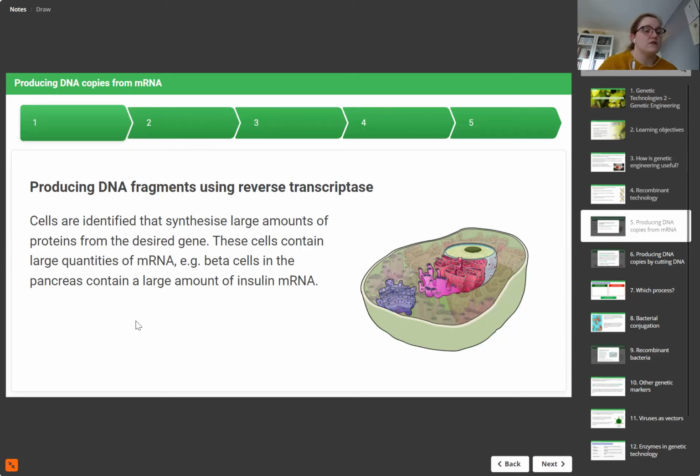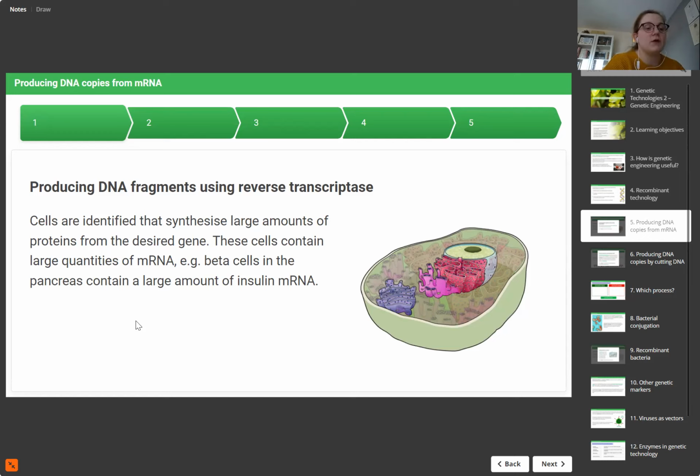Most cells only contain 2 copies of each gene, so it makes it really hard to obtain a DNA fragment containing the target gene. But our cells contain many, many mRNA molecules inside them, and these mRNA molecules are complementary to our genes. So the mRNA is actually easier to obtain. So when we make these DNA fragments, we're going to be using mRNA because there's lots of mRNA inside the cell and it's easier to obtain.